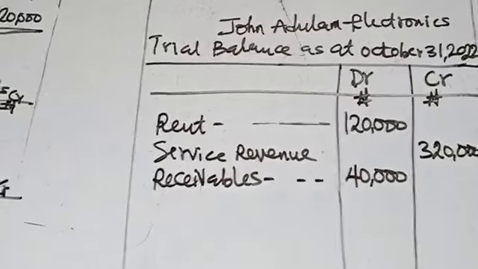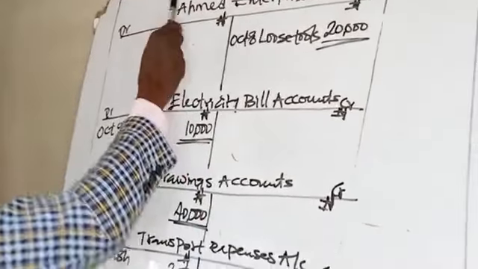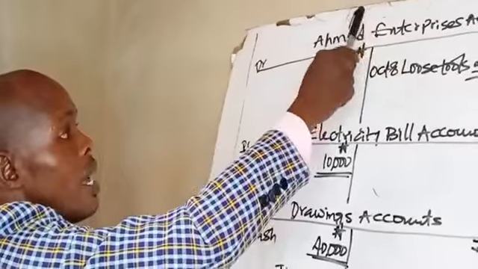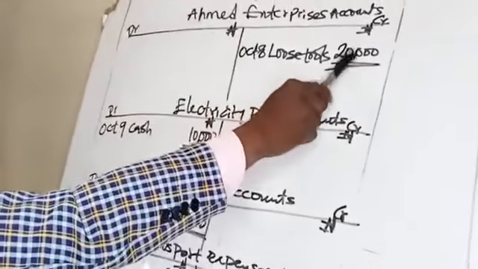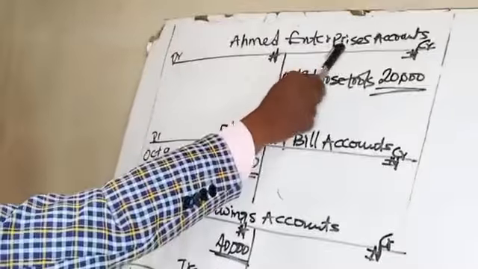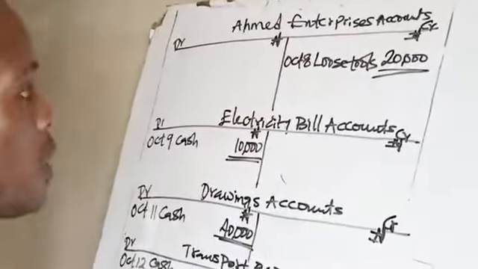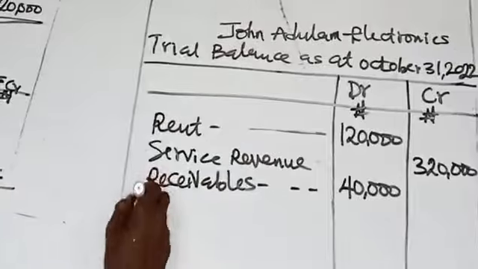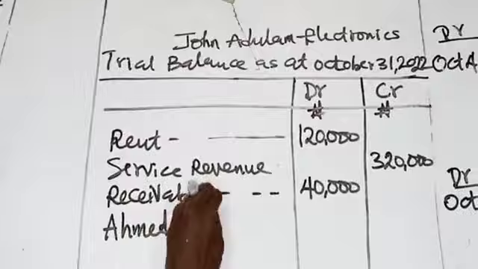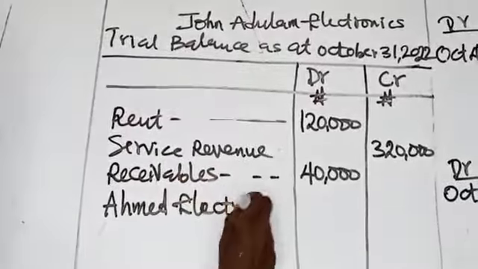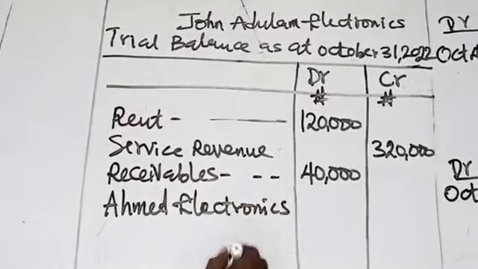Then we have Ahmed Electronics, and we have credit balance of 20,000 in Ahmed Electronics. So Ahmed Electronics, credit balance of 20,000 naira.